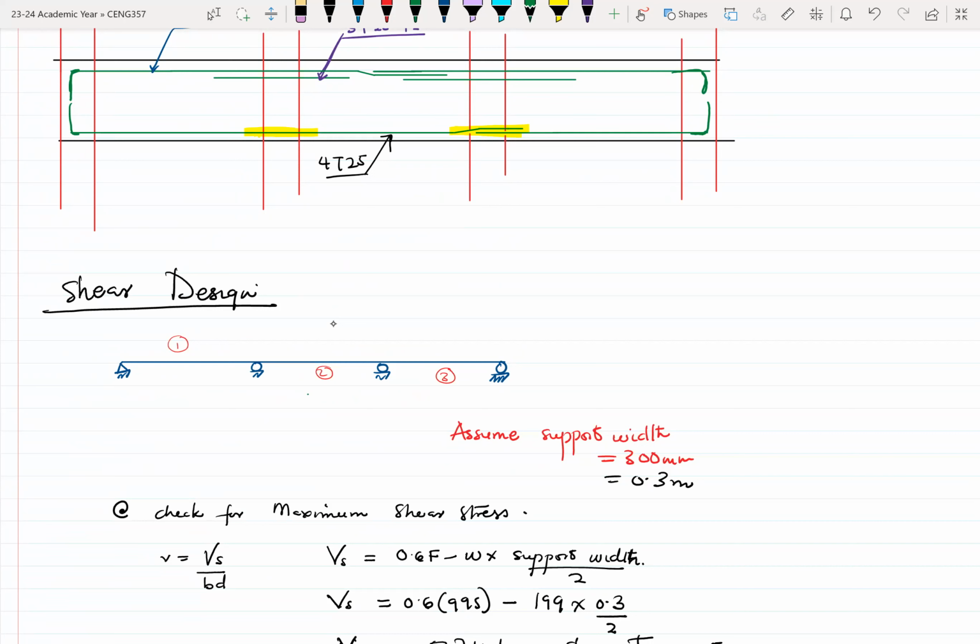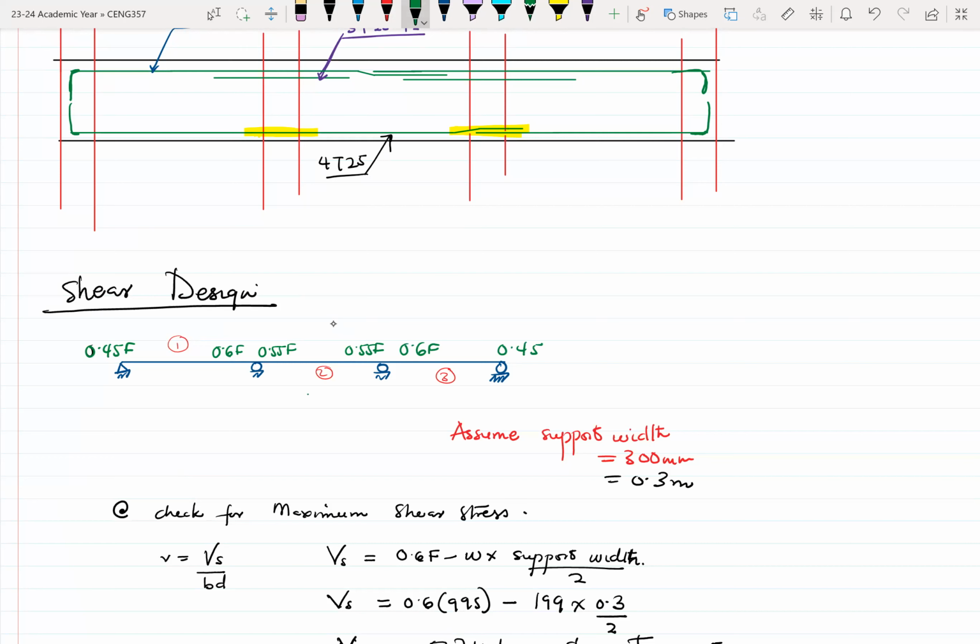For shear, this is 0.45 F on the left. Here is 0.6 F, on the right is 0.55 F. Here is 0.55 F, and then this side is 0.6 F, and then this is 0.45.